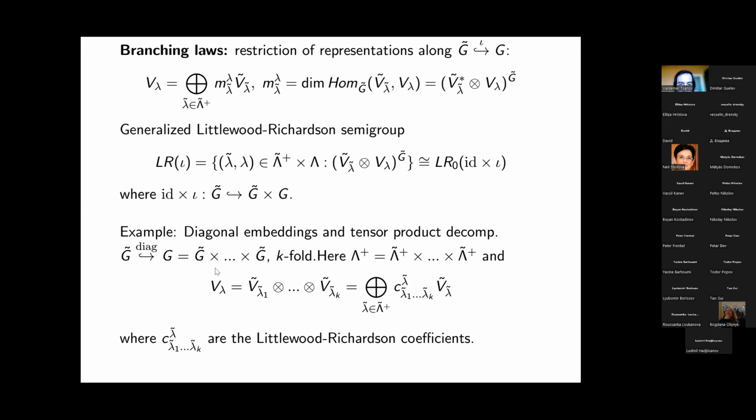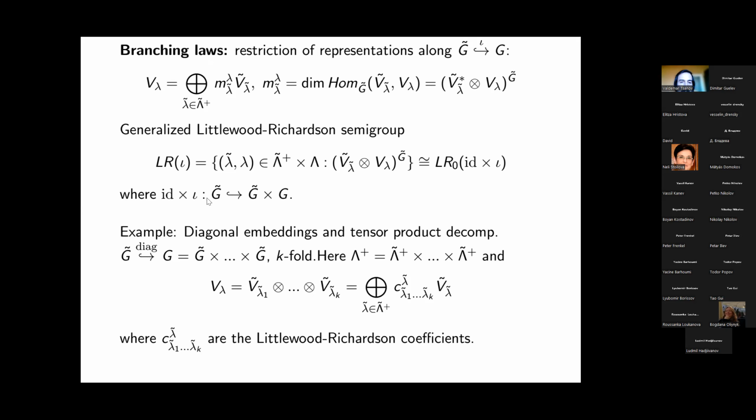And then an irreducible representation of the large group is just a tensor product, k-fold tensor product of irreducible representations of the diagonally embedded. And then we have tensor product decompositions. And their multiplicities are known as Littlewood-Richardson coefficients, famous numbers occurring in Schubert calculus and elsewhere. So this is perhaps the most classical branching problem.